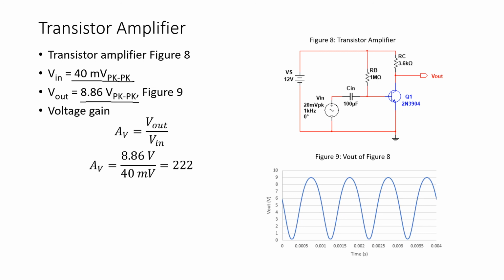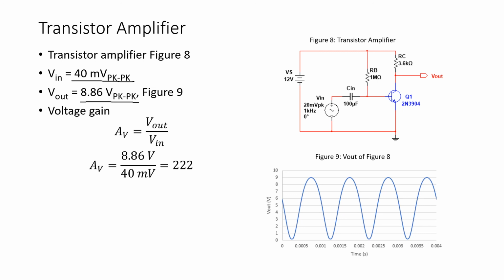Our input voltage is 40 millivolts. So this amplifier has a voltage gain of 222. Note that the voltage gain has no units, because mathematically it's volts divided by volts. It's simply a ratio of the output with respect to the input.